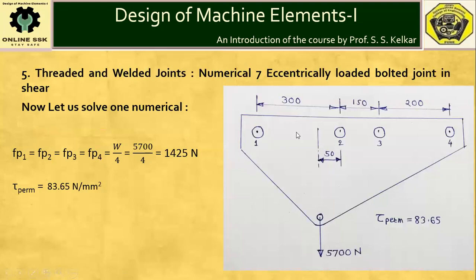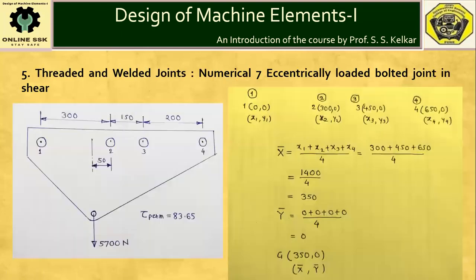Now here this bolted system is asymmetric. It is not symmetric, therefore by mere inspection or by judgment we cannot predict the center of gravity, and therefore we have to locate the center of gravity by some consideration. Here the consideration will be such that the lower left bolt will be selected and its center is assumed as the origin in the Cartesian coordinate system.